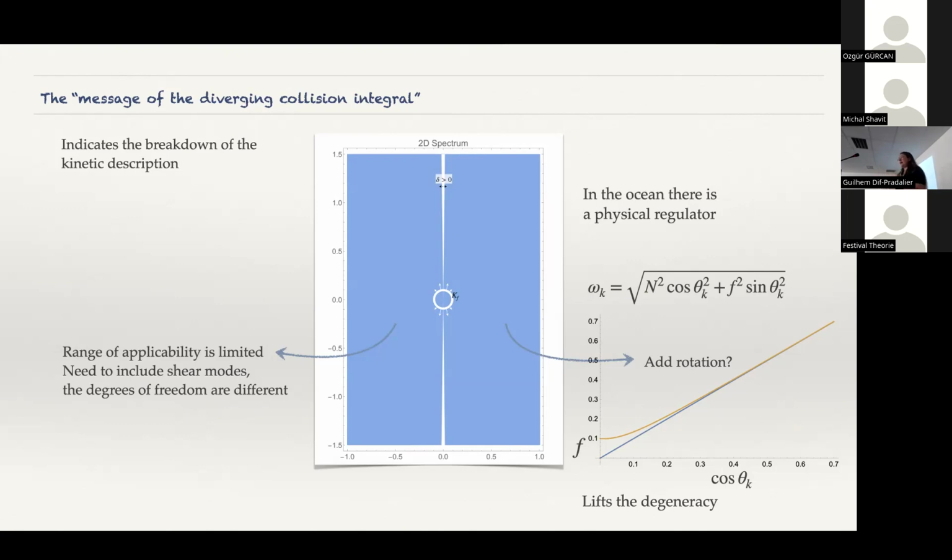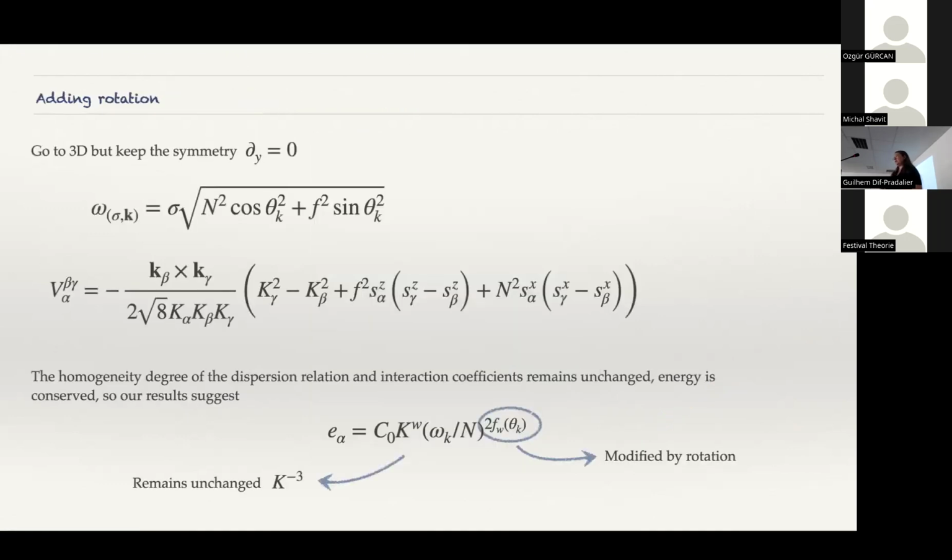Then we realized that there is actually a physical regulator in the ocean, so we added rotation to our problem, and then you need to go to 3 dimensions because otherwise it's trivial. If you go to 3 dimensions, you achieve the symmetry of one of the horizontals, where you still work on a vertical side.